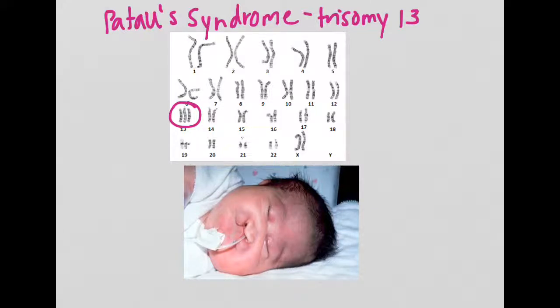Most people who have Patau or Edwards syndrome, typically the pregnancy will terminate itself because there are so many issues. But if it does not, then the child will live for a maximum of a few months to maybe a year or so. But in most cases, having Patau's or Edwards is basically a death sentence.